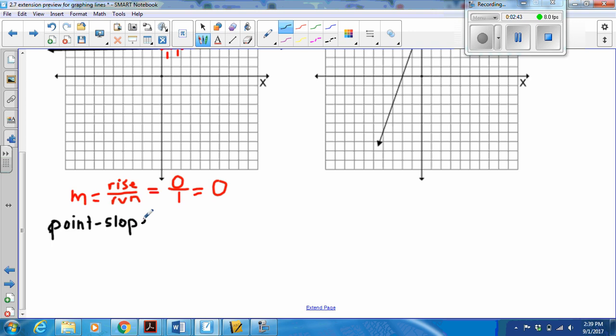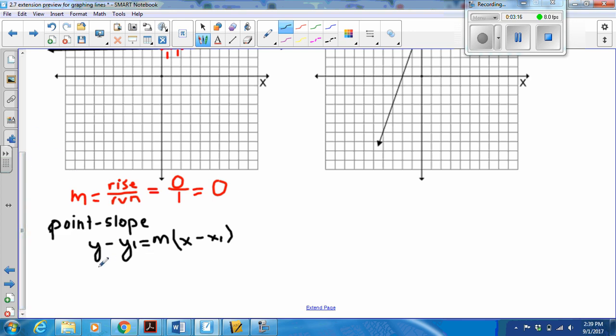What point slope looks like, if you forgot, is y minus y sub 1 equals m, remember that's our slope, times x minus x sub 1. You could also use slope-intercept form to find your equation. I just feel that that's a little bit more work because you have to find your y-intercept first and then plug everything back into your equation.